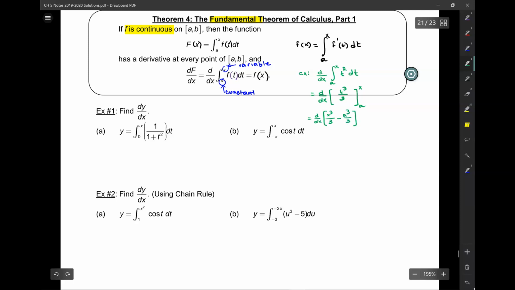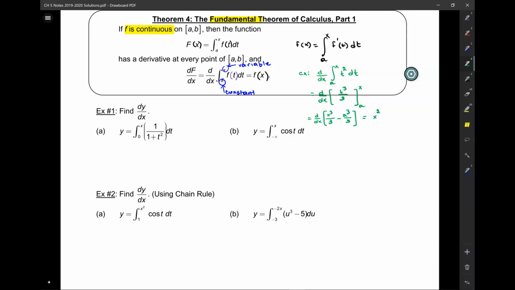Is that right? So now I want to find the derivative of the antiderivative. When I do that, what happens? When I take a derivative of the first term, the 3 will drop, so it'll be 3x squared over 3, which is just x squared, minus the derivative of a cubed over 3.